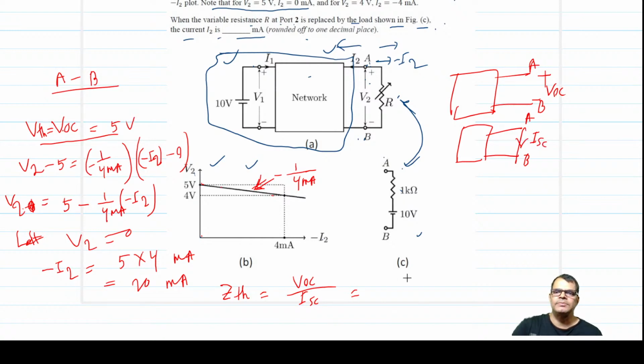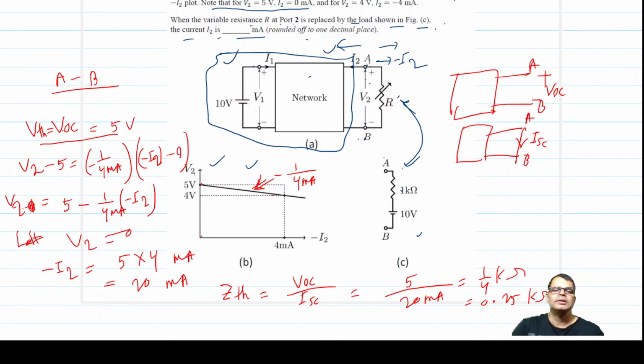So open circuit voltage is 5 volt and short circuit current is 20 milliampere, that is 1 upon 4 kilo ohm, that is 0.25 kilo ohm.